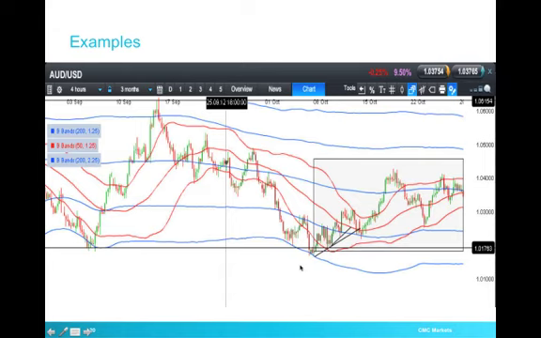Getting down into 4 hours, we're basically going nowhere at this stage here. We're back into a bit of a mean reversion trade. So depending on the time frame we're looking at, whilst we're trading in this sort of 104, 103 range, we're not really expecting a great deal of activity.